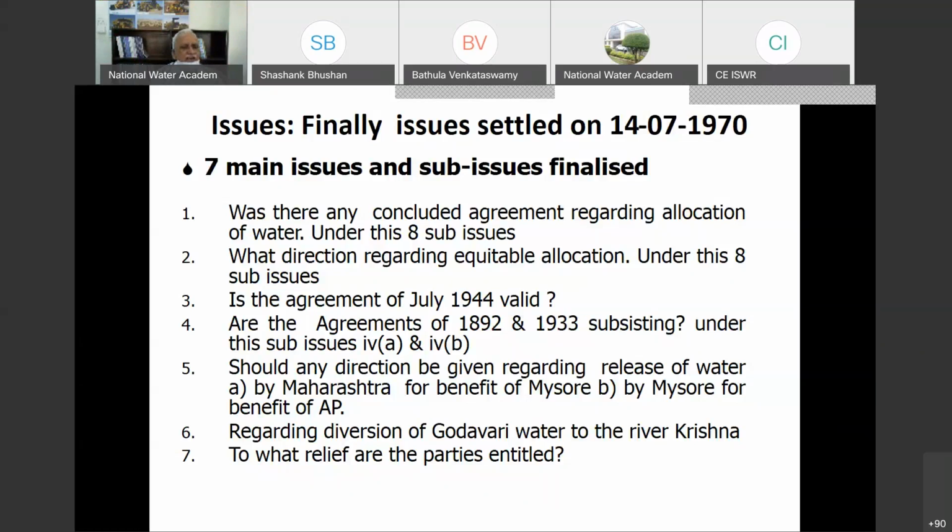Should any direction be given by the tribunal to Maharashtra for the benefit of Mysore, and by Mysore for the benefit of Andhra Pradesh? If waters are diverted in the Krishna basin, what should be given? And then, what reliefs are to be given to the parties to which they are entitled.